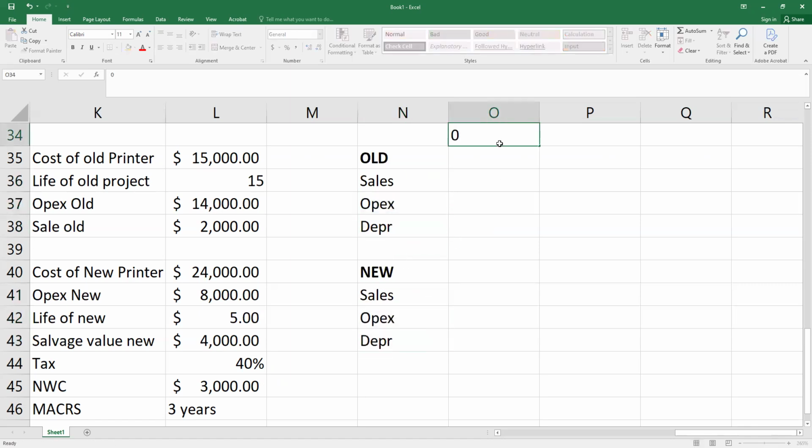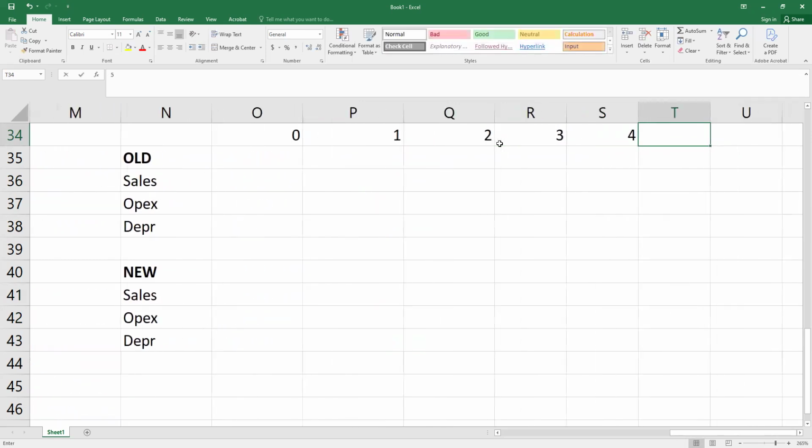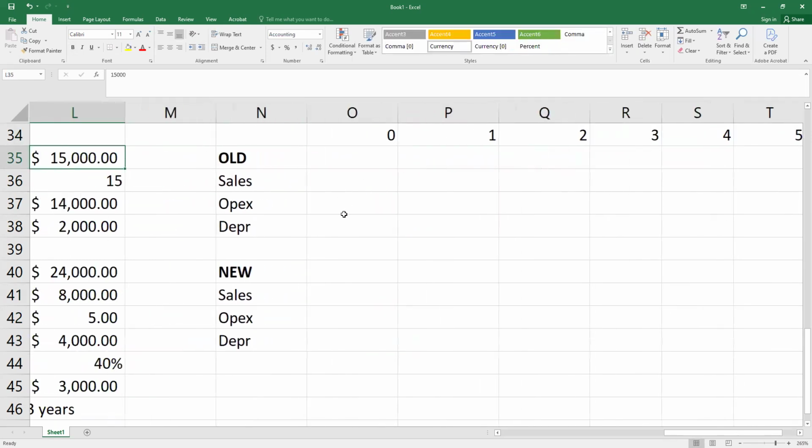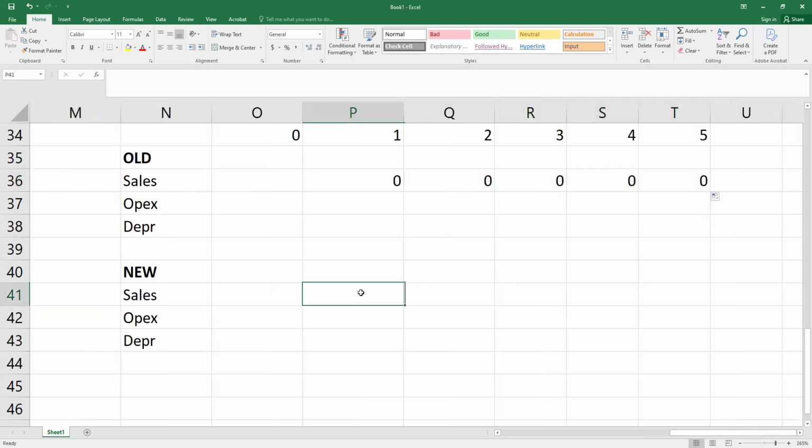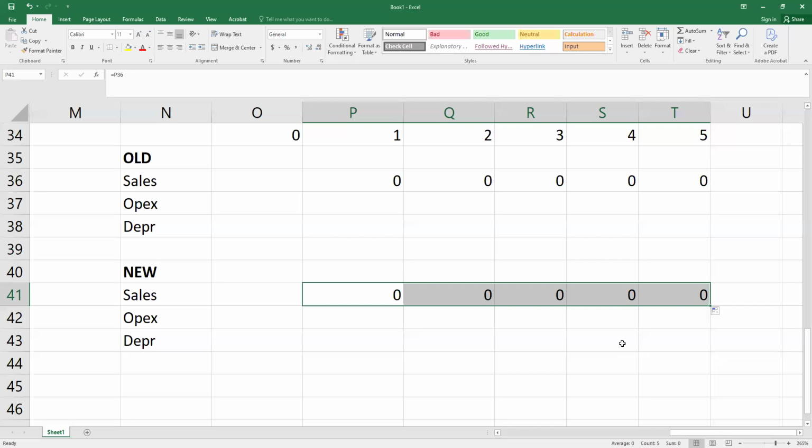But for 5 years, yeah? My sales, which is not given, I put 0 for all years. You can put 100, whatever, but the sales for both old and new should be the same, because they are not given. They are assumed that they don't change. They are fixed, okay? Regardless of.